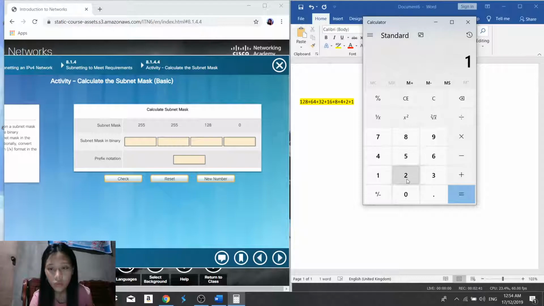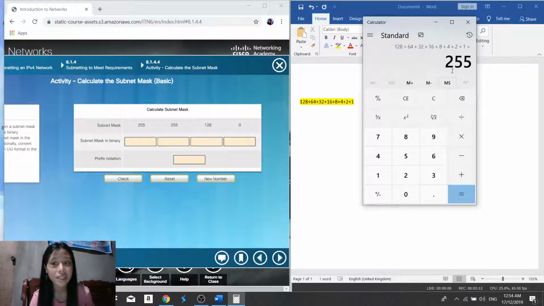So 128 plus 64 plus 32 plus 16 plus 8 plus 4 plus 2 and plus 1.